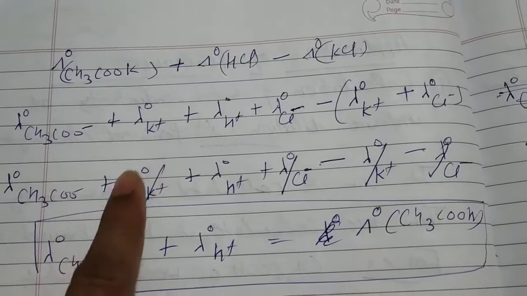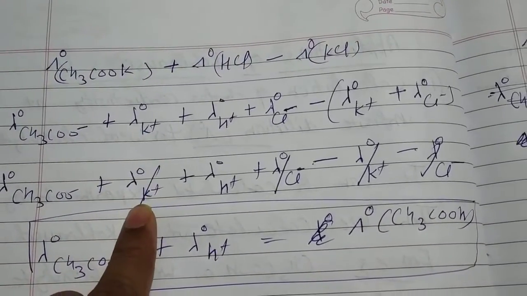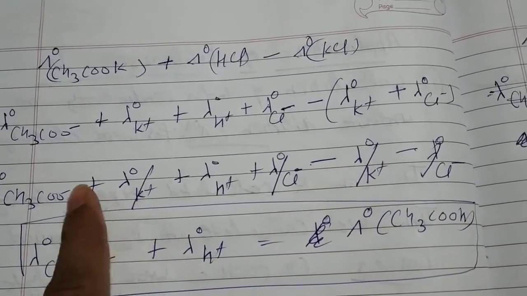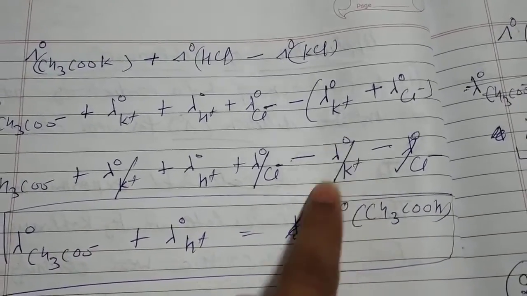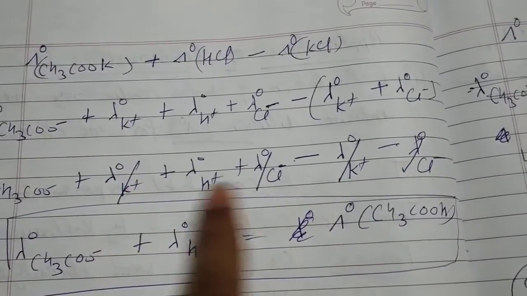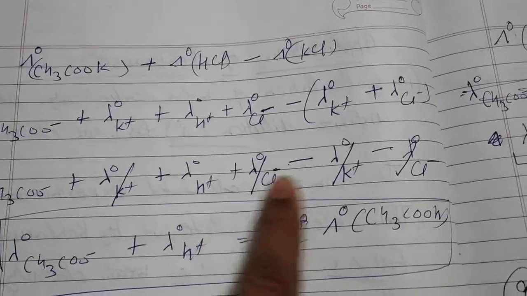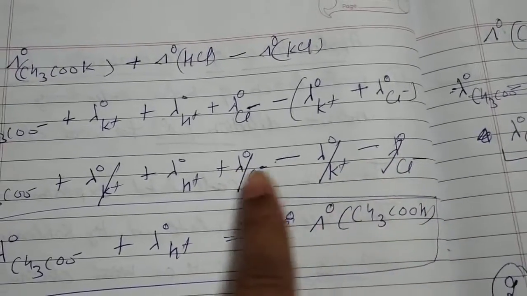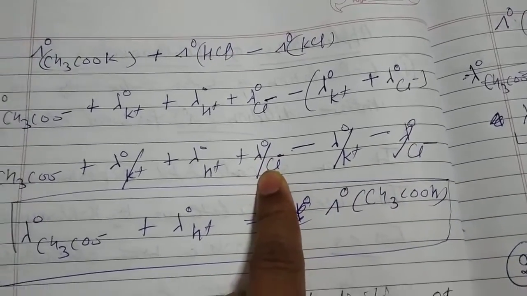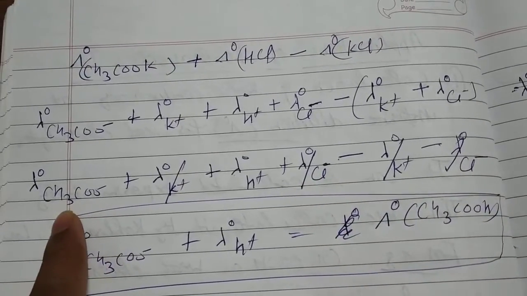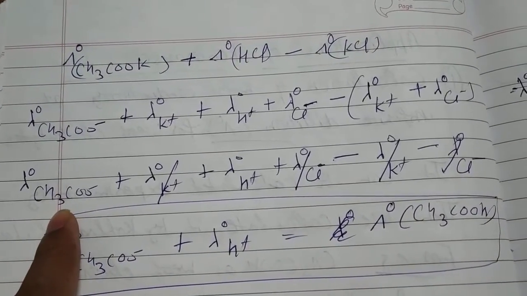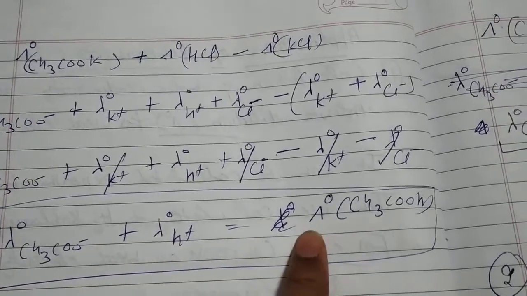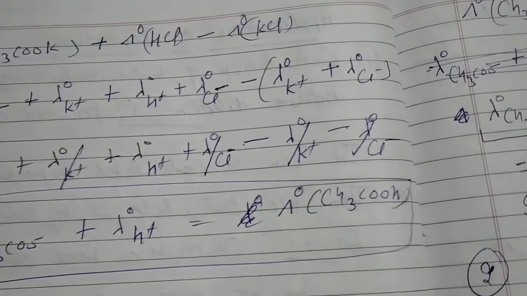So this K positive and this K positive, one value is negative and the other is positive, so they subtract each other and we cancel them. Similarly, this value is positive and this value is negative, so these will also cancel each other. So what we get is lambda naught CH3COO negative plus lambda naught H positive, which is equal to the limiting molar conductivity of acetic acid.